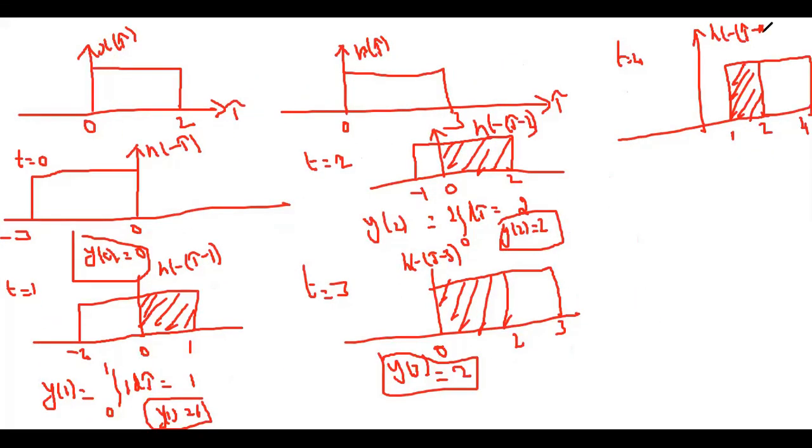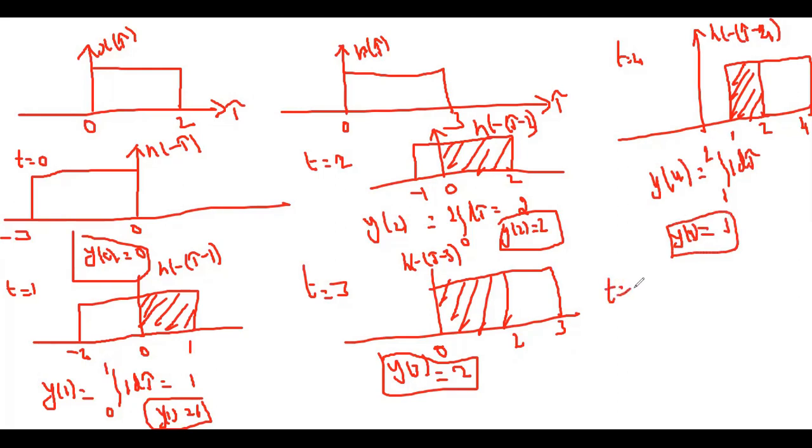Got it, my students? So the value of y of 4 is the integral with limits from 1 to 2 of 1 d tau, which is 2 minus 1. So the value is 1. y of 4 is equal to 1.